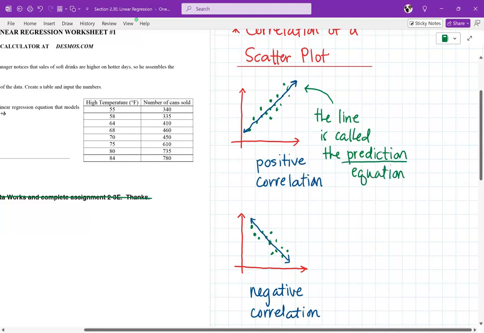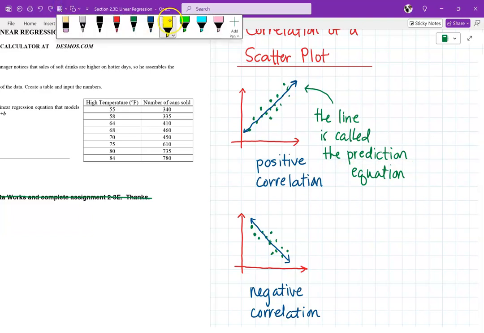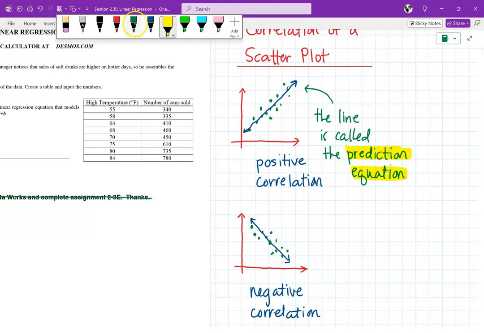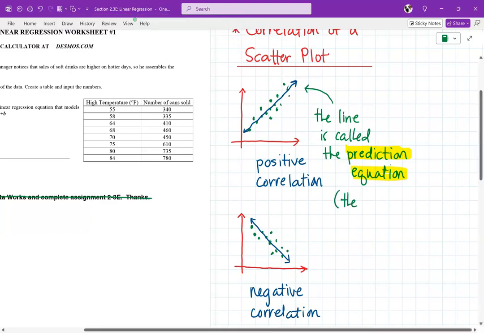Let me do a highlight there. It's called the prediction equation. Some people will call it the line of best fit or the best fit line. So I'm going to put that in parentheses here, the best fit line.